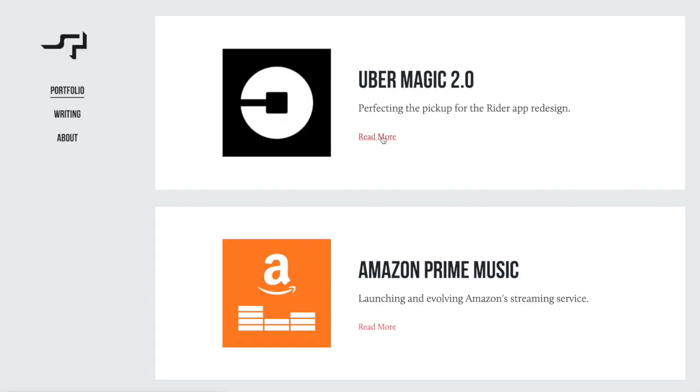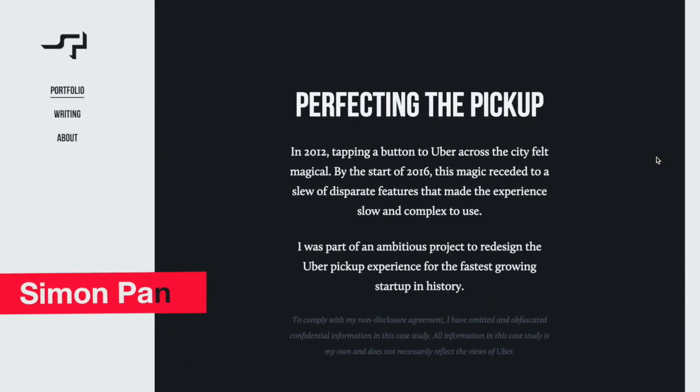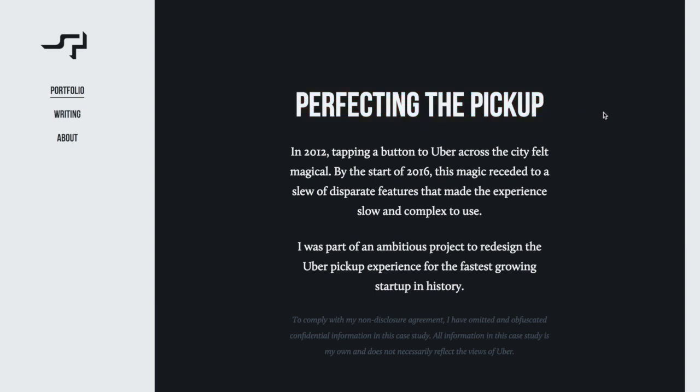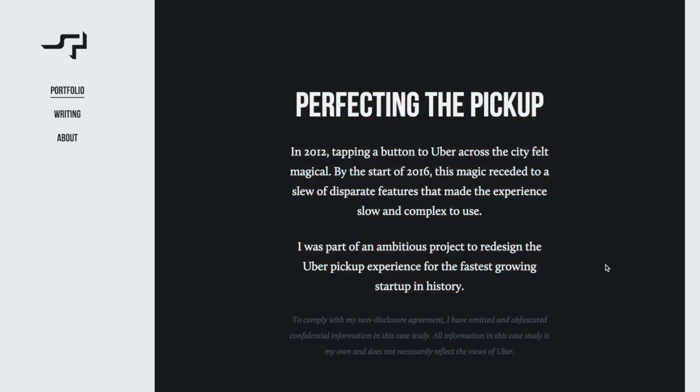Next example here, again Simon Pan, awesome bit of copywriting here, perfecting the pickup. You don't even really need to go into reading the actual paragraph there, you kind of have some clear idea of what it is already by the really tight headline. But to look at the detail, he says here, in 2012, tapping a button to Uber across the city felt magical.